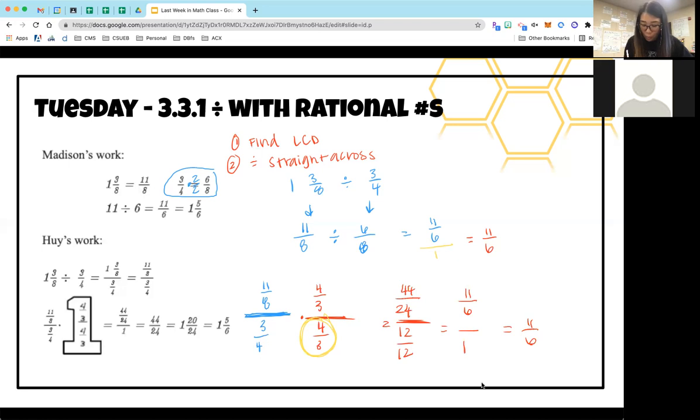Okay, so what we learned when we were younger is all of this, right? So just that whole bottom piece right there, 11/8 multiplied by the reciprocal 4/3, and then you simplify, right?